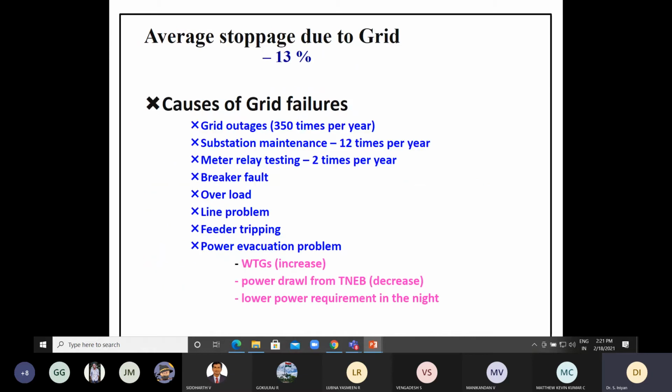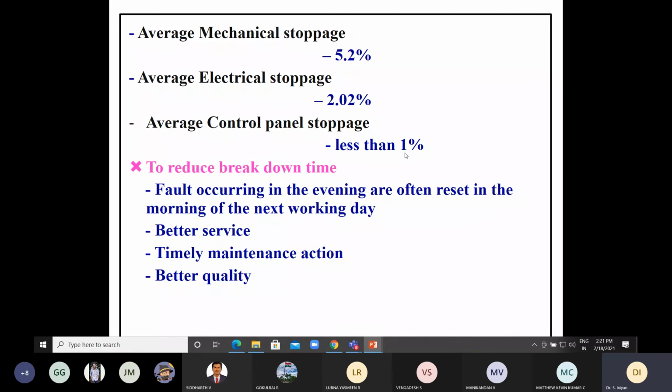Here I'm saying the substation maintenance is 12 times per year, right? With better quality, the operation maintenance time per year will be reduced from 12 to 5 or so, right? So in order to reduce the breakdown time, we are following these 4 points, right?